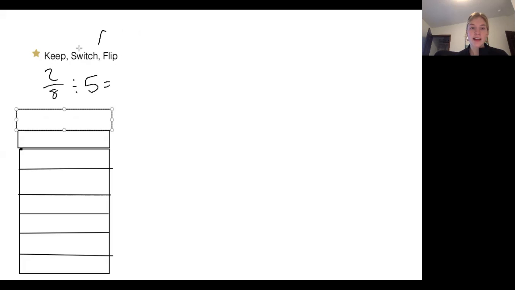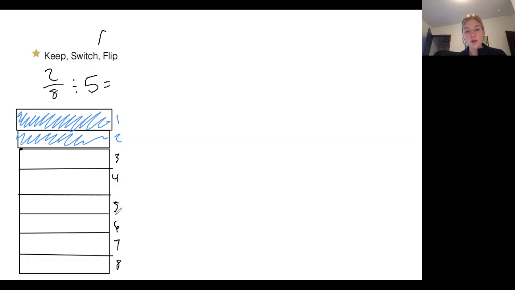If I have 2 of these shaded out of 8 total, that would represent my fraction. Now I have 2 parts shaded out of 8 total. Now, I need to divide this whole thing by 5.